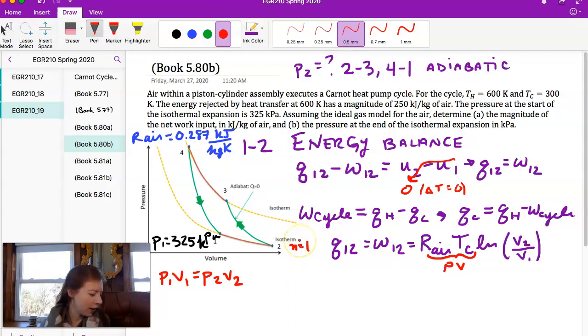Because that means pressure times volume is a constant. So now let us go through and solve for P2. A couple things we can write. We know that the ratio V2 over V1 is equal to P1 over P2.